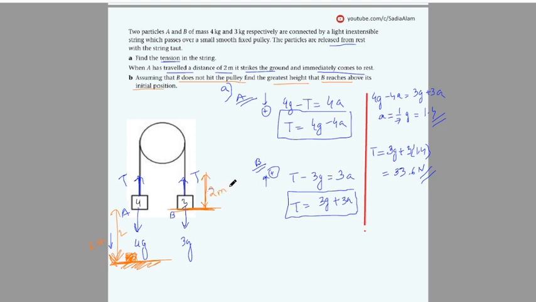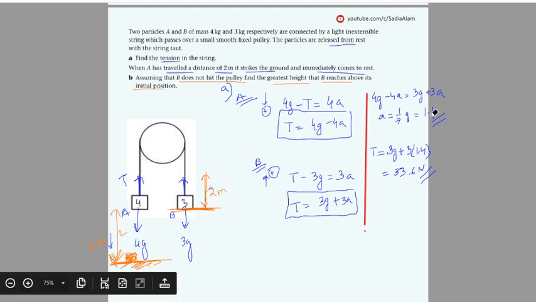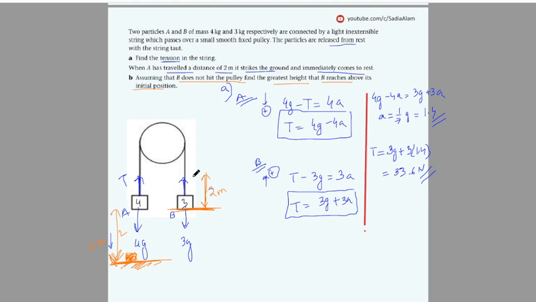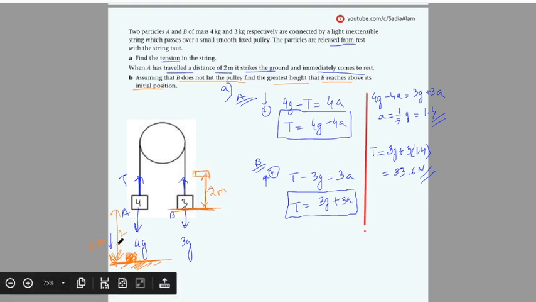Obviously, they will cover the same distance. So let me clean this. Okay, so when A is moving downward, B is moving upward. This is where B is just when particle A hits the ground.